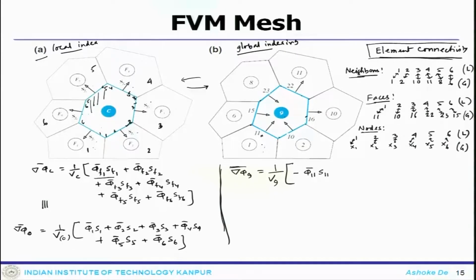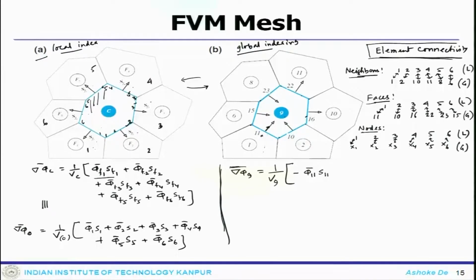If I come to the global one, my face is 11. So, the flux should be calculated at face 11, and the surface vector is moving inwards, so the negative sign comes in.